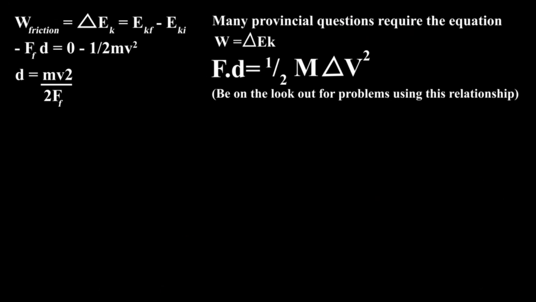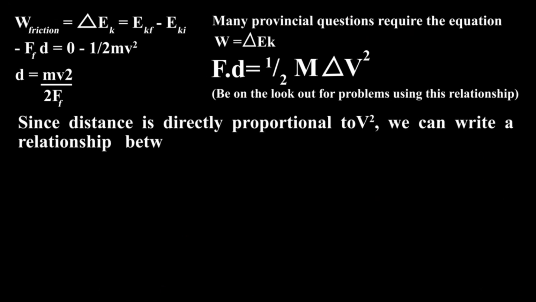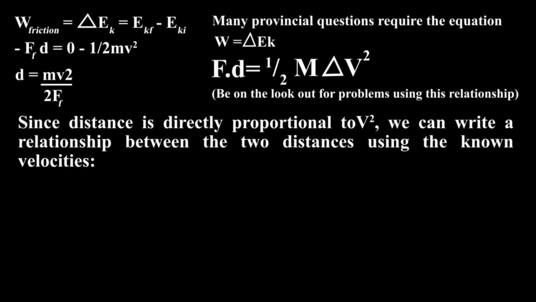So we can write it as negative FFD is equal to 0 minus half mv squared. The final velocity there is 0. Therefore, the final kinetic energy is also 0. So we can make D the subject, to say our D is therefore equal to mv squared all over 2ff.